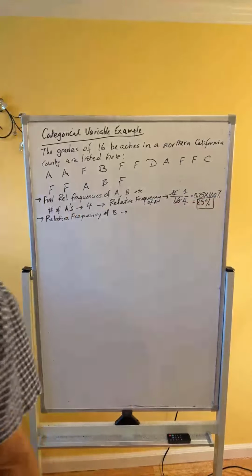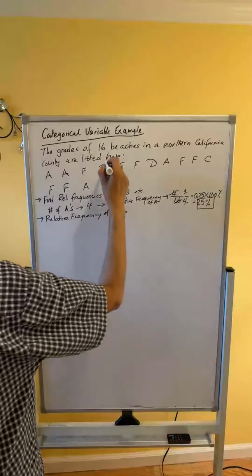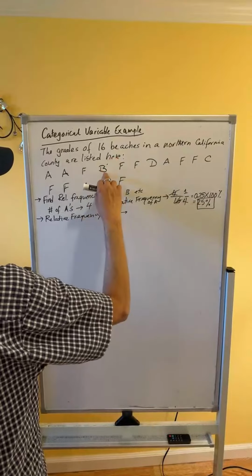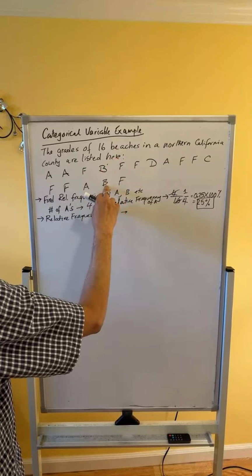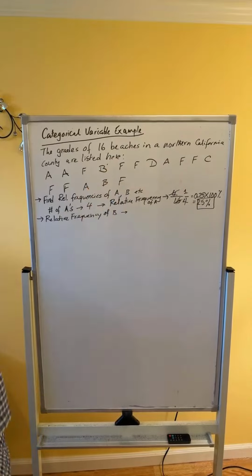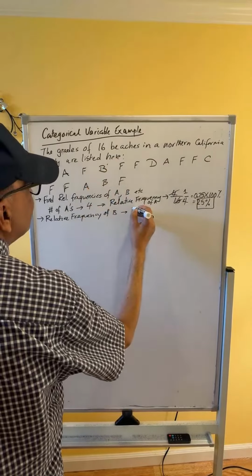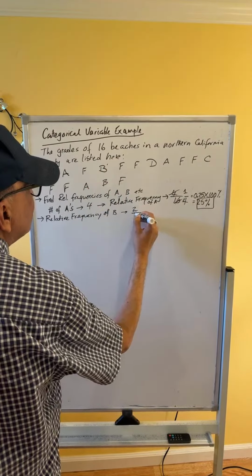Let's see how many beaches got B. 1, 2. That's it. Okay. Is 2 out of 16.